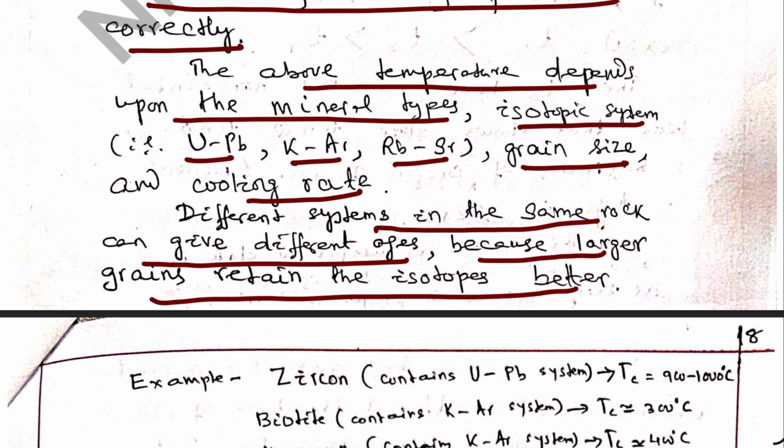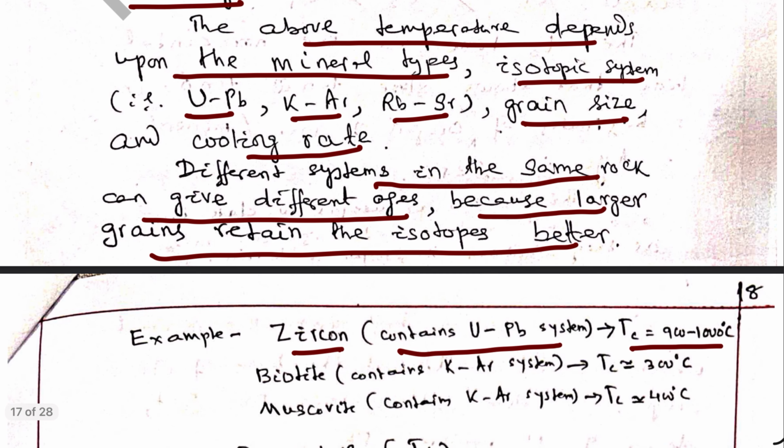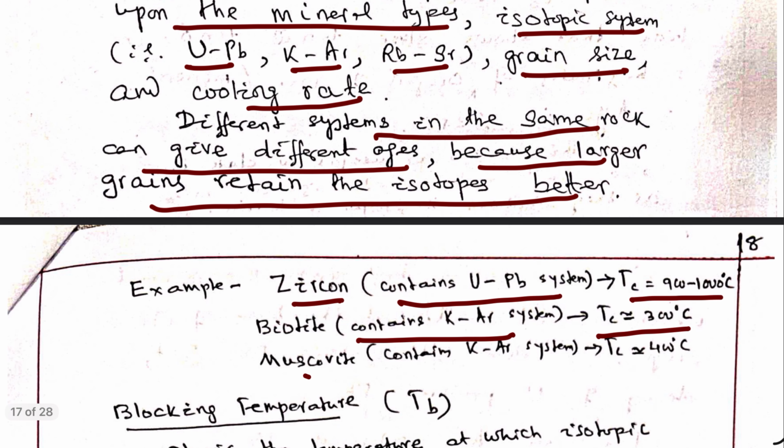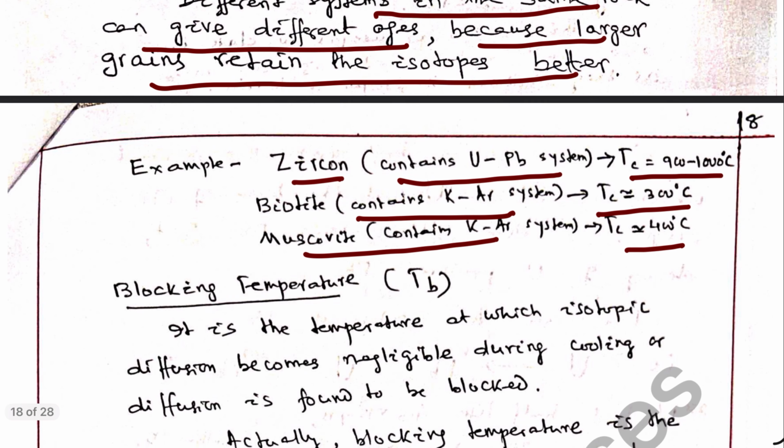For example, zircon. Zircon contains uranium and Pb. Its closure temperature is around 1000 degree centigrade. Biotite contains potassium-argon. Its closure temperature is around 300 degree centigrade. Muscovite contains potassium-argon, but its closure temperature is around 400 degree centigrade.